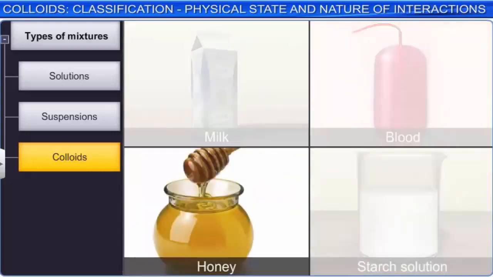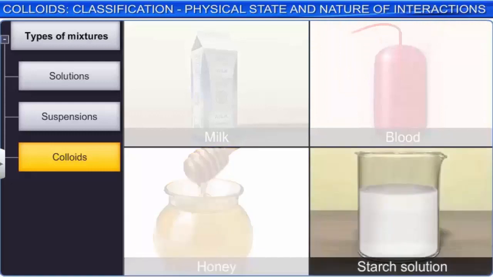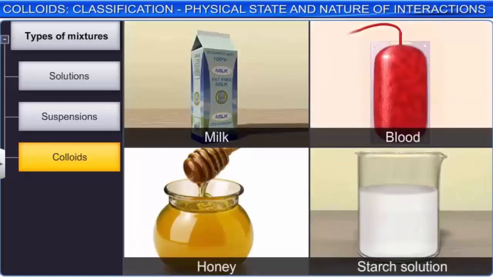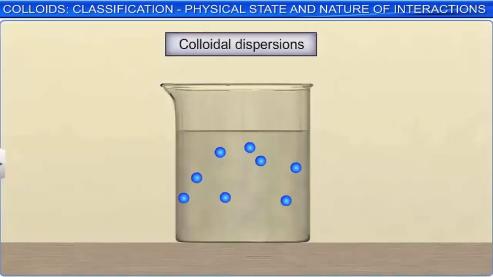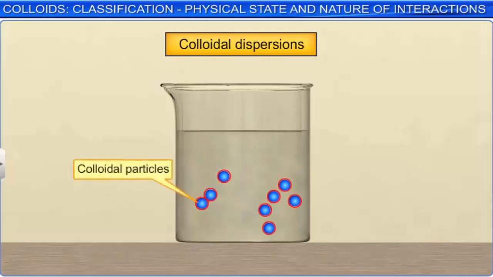Colloids are also called colloidal dispersions because the colloidal particles are dispersed throughout the mixture. For a colloidal solution, we use the terms dispersed phase and dispersion medium.